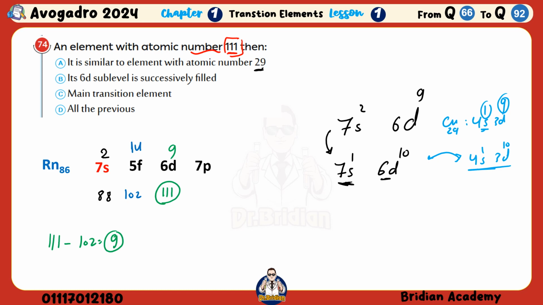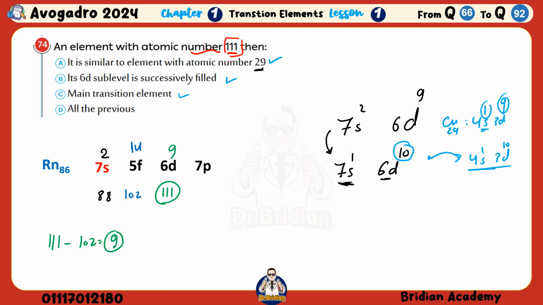In the electronic configuration, the word electronic configuration should be added to be accurate. Its 6d sublevel is successfully filled, yes, successfully filled with 10 electrons. Choice number B is correct and choice number A is correct. Main transition element.